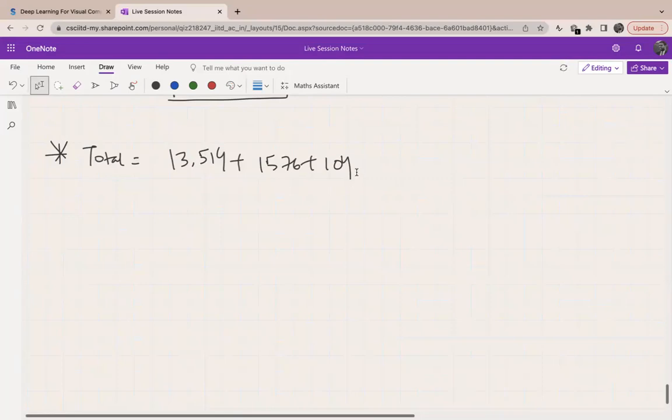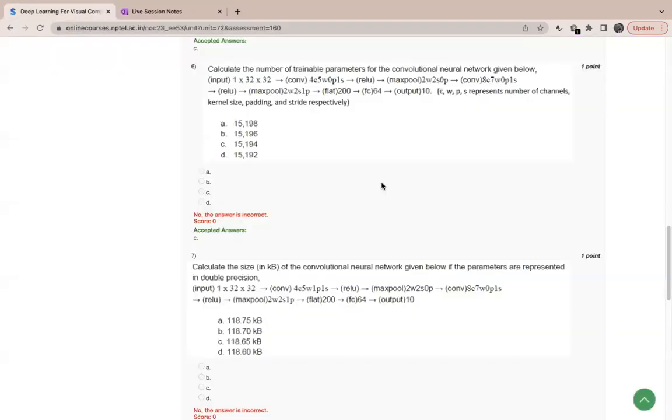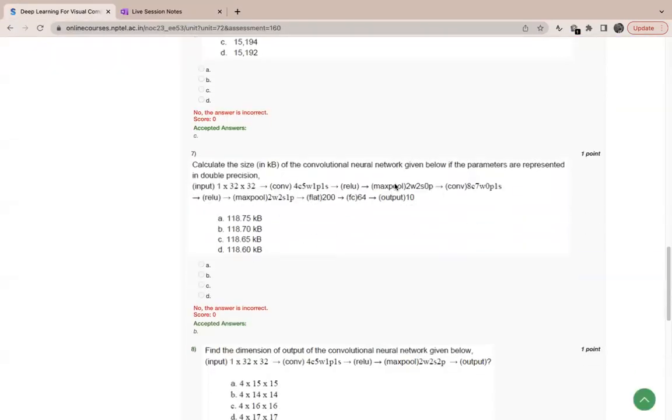If we add all these things, we get 15,194. So this will be the output, I guess. If you add all these things, the answer is C, the correct answer.